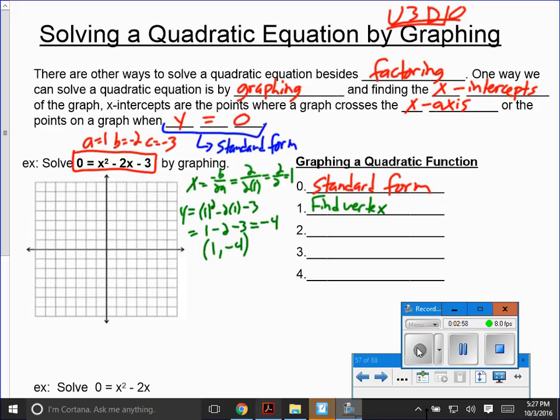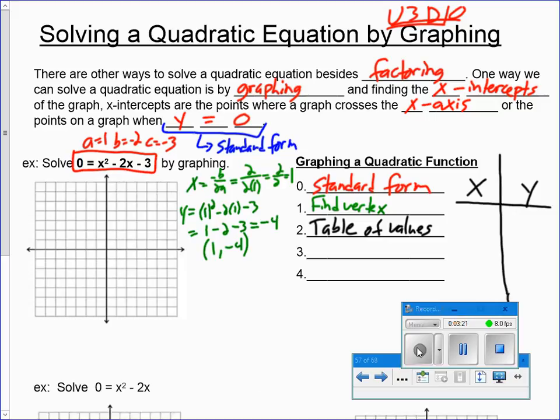Once we find the vertex, to graph this, we're going to make a table of values. We're just going to make as many points as we need until we see those x-intercepts. With that table of values, we're going to put our vertex right in the middle.